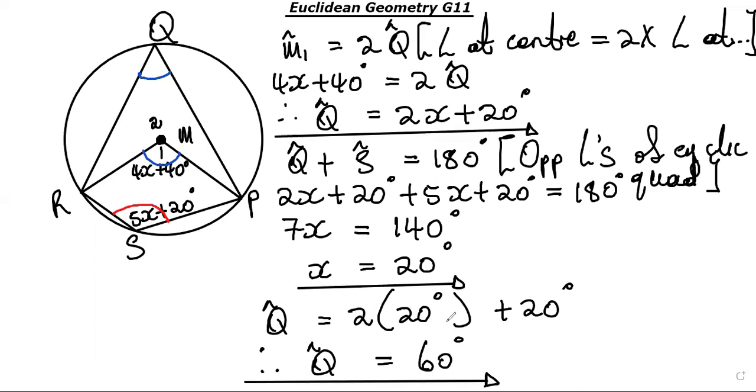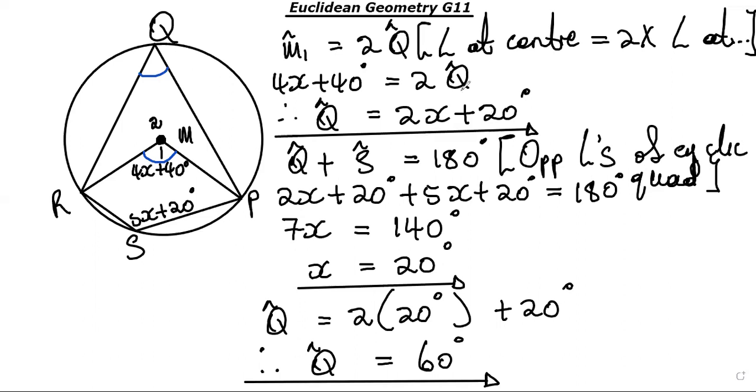But let's say you didn't think about it this way. This is how you could have thought of it. You could have said, yes, I completely agree that the easiest way for me to get to angle Q is to say the angle at the center is twice the angle at the circumference.